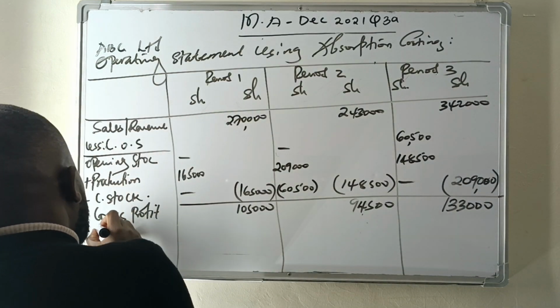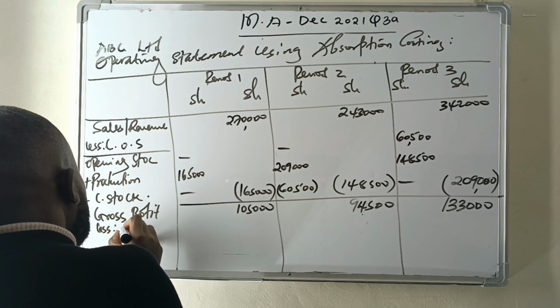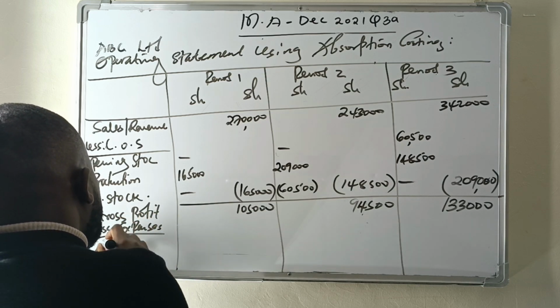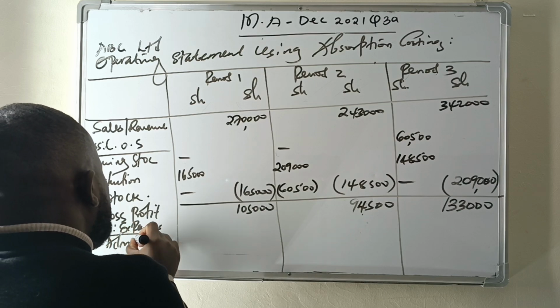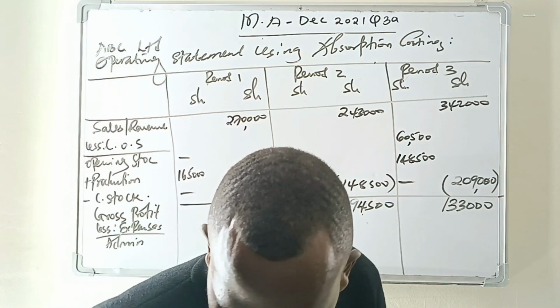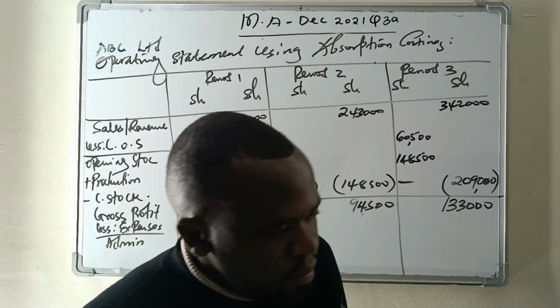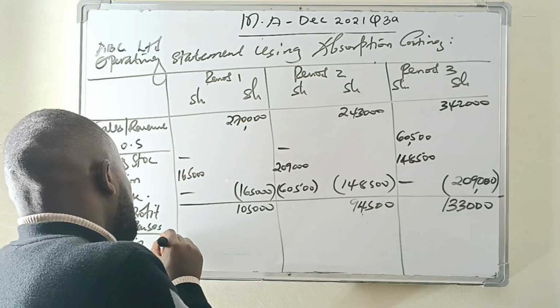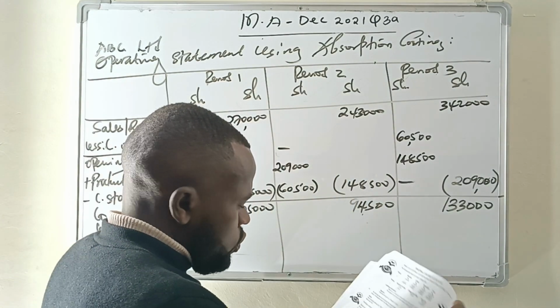Then less other expenses. The administrative overheads are 25,000 for each period. That is what we had.